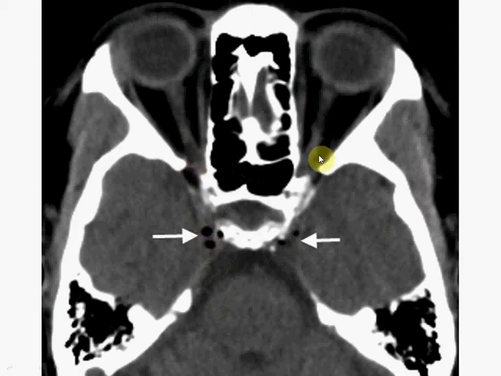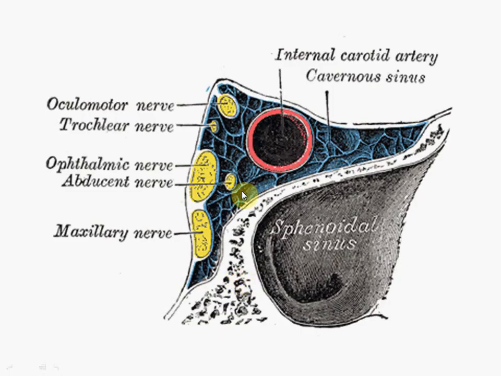Now let's suppose you've got some kind of pathology that's putting pressure onto the cavernous sinus, and it's going to put pressure onto the structures within the cavernous sinus. So let's suppose this is a cross section, this is medial, this is lateral.